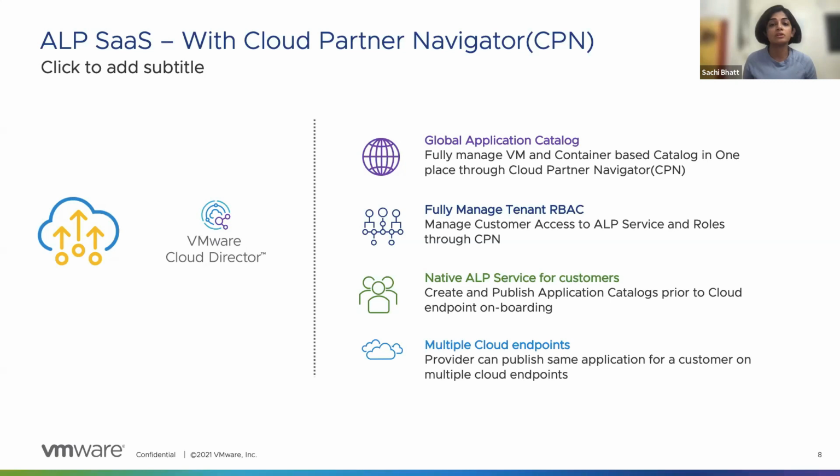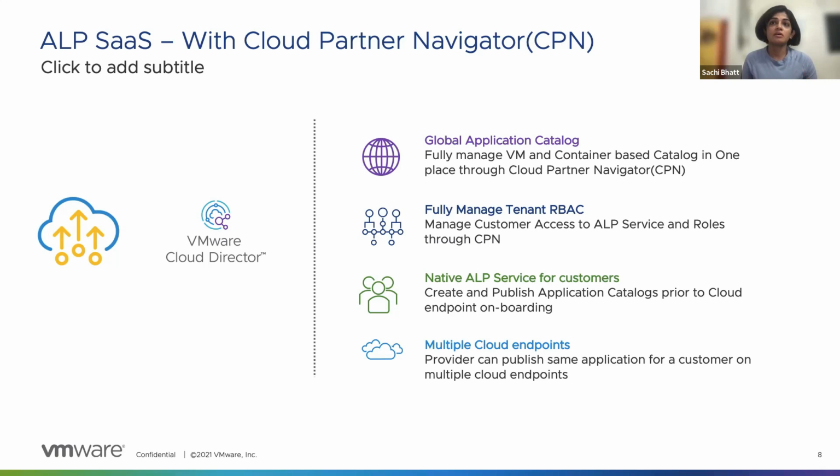You don't have to create separate roles for ALP SaaS on CPN. When we assign the user roles within Cloud Partner Navigator, it is going to relate to the roles on the cloud endpoints when the customer is enabled for so and so role. Okay, got it.